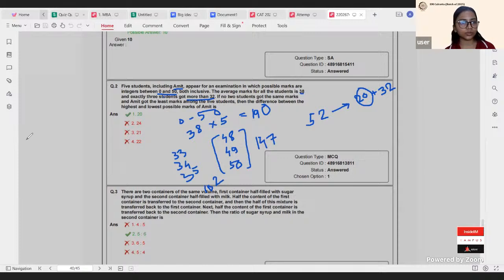So in that case, what we can do is, just 1 second.